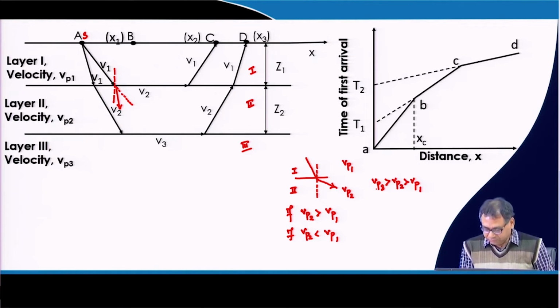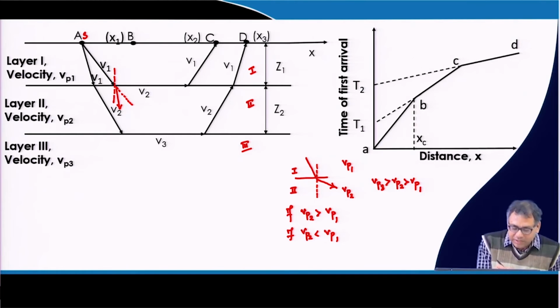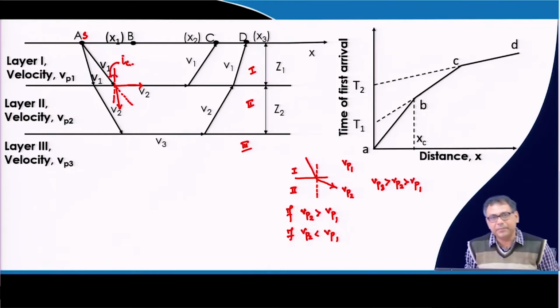In another way, the velocity of the third layer should be greater than the velocity of the second layer, and the velocity of the second layer should be greater than the velocity of the first layer. Then only I will get the good result. As I am saying, there is a possibility that this ray will travel in this way, and this is only possible if this angle is the critical angle.